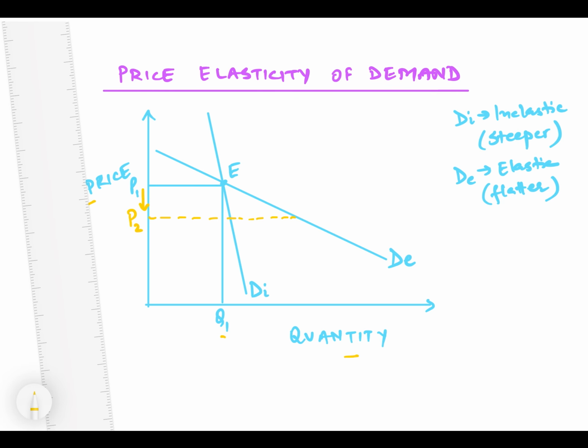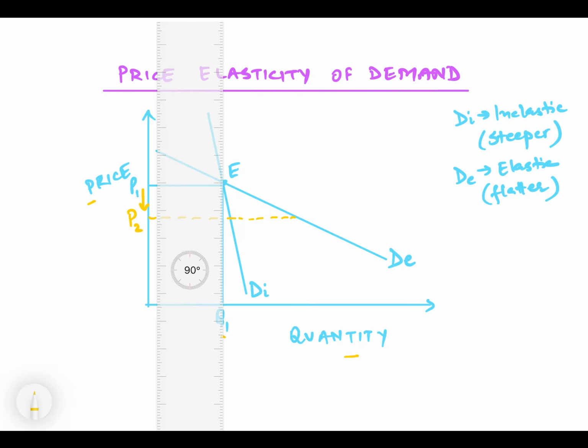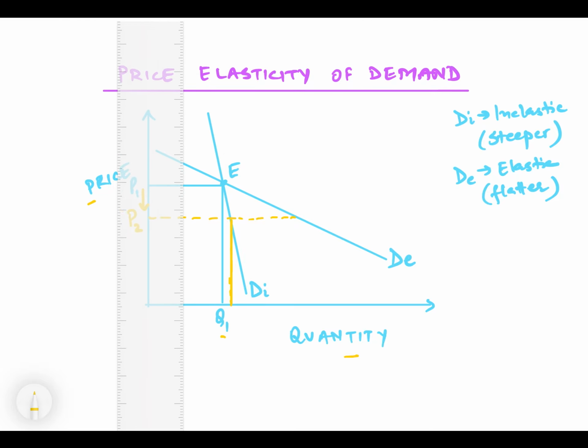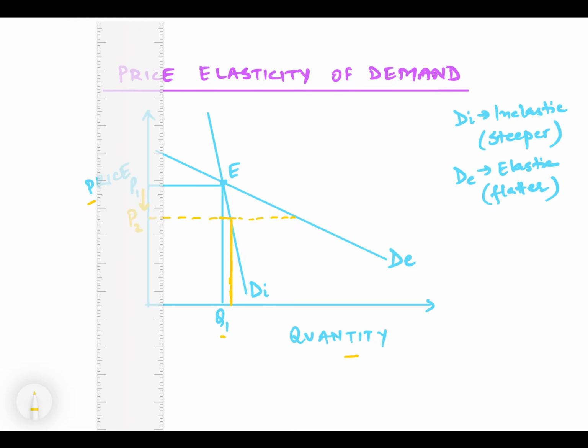Then what is the effect on quantity demanded? When this happens, you should watch the difference. On the steep inelastic curve, you will see that the quantity has increased by very little. This is the quantity for us on the steeper demand curve.